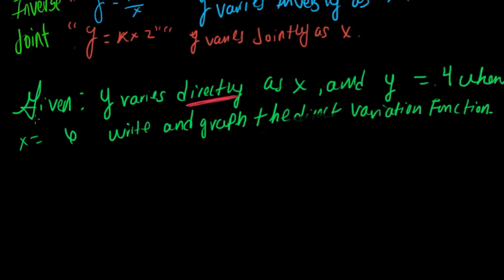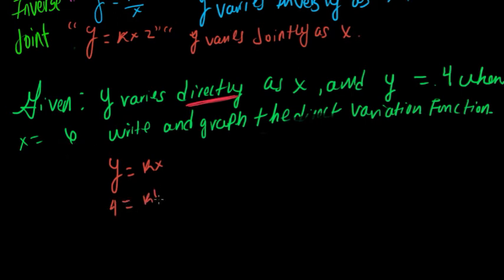Okay, well, if it says it varies directly, that means we're going to use a direct variation function, which is y = kx. Let me use a different color here so you don't get confused. It says y equals 4, x is equal to 6.